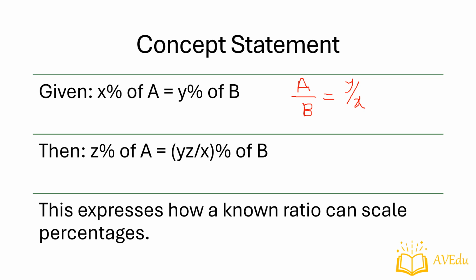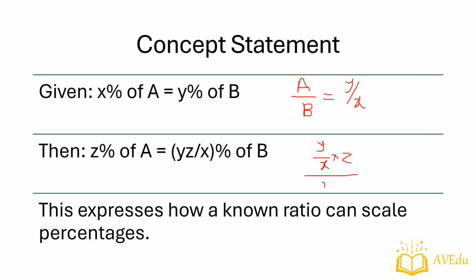So again, given x percentage of A equals y percentage of B, we can determine that z percentage of A equals y times z over x percentage of B, which is basically our ratio y over x times z percentage.